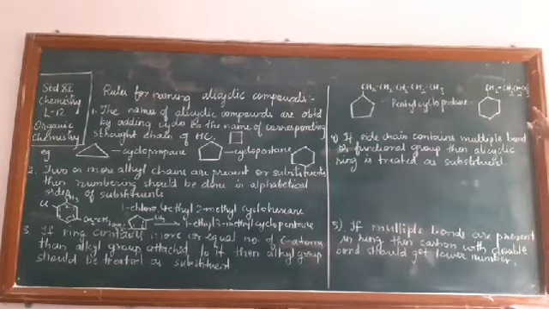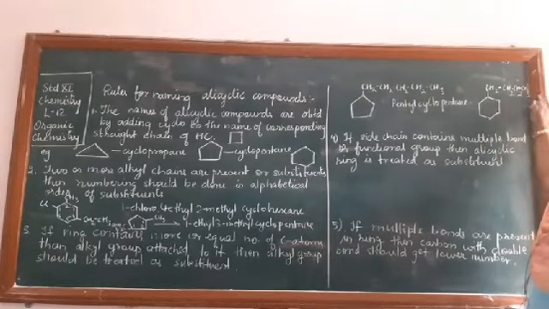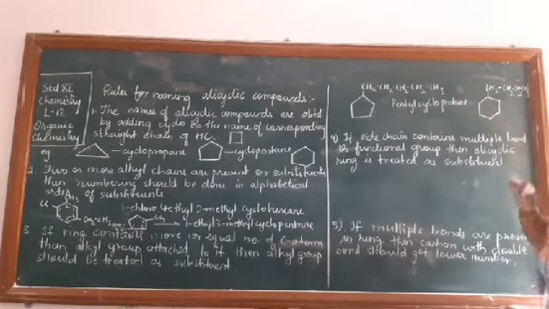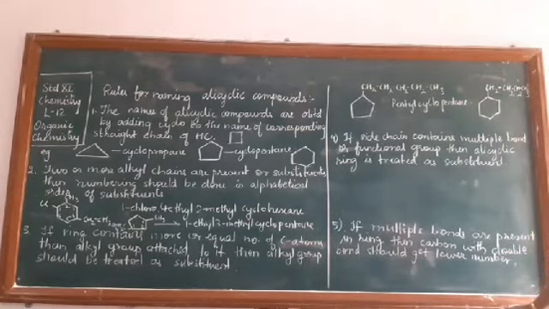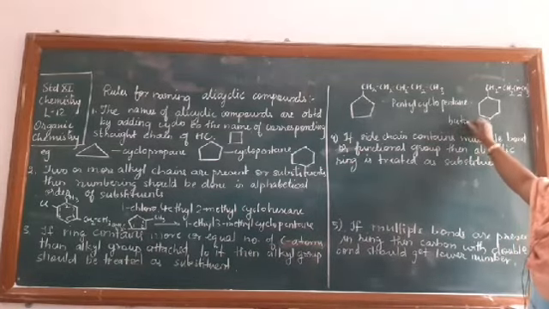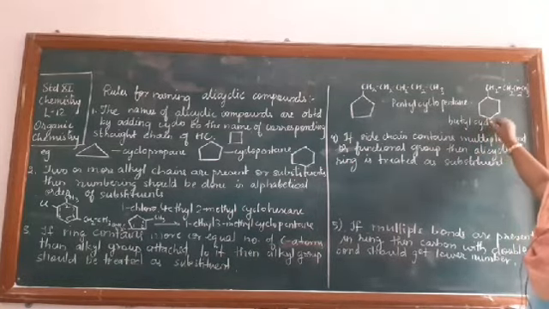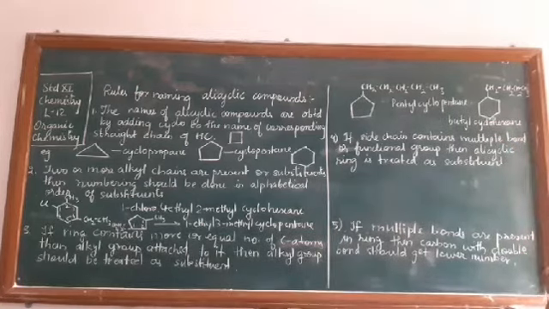So this becomes butyl cyclohexane. So here the ring is having more carbon than the alkyl chain. So this is the parent chain and this would be called as the substituent chain. So this will become butyl cyclohexane.